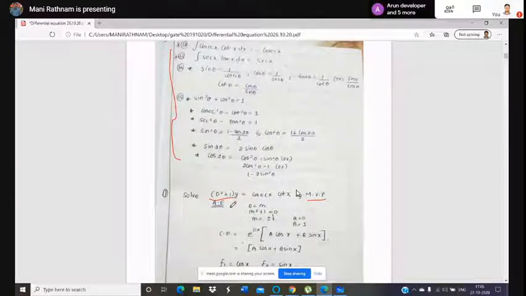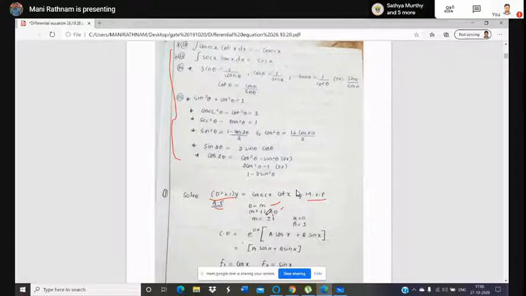To find the complementary function, we assign d equal to m. To find the auxiliary equation, take the RHS equal to 0 and replace d by m in the LHS, which gives m square plus 1 equal to 0.